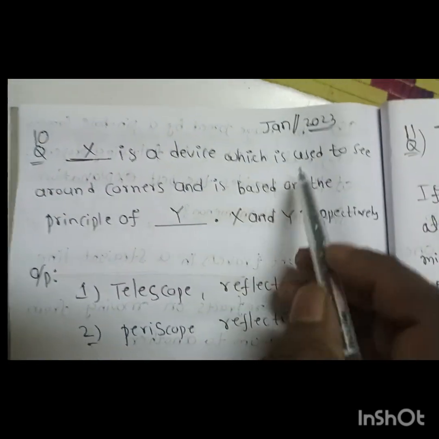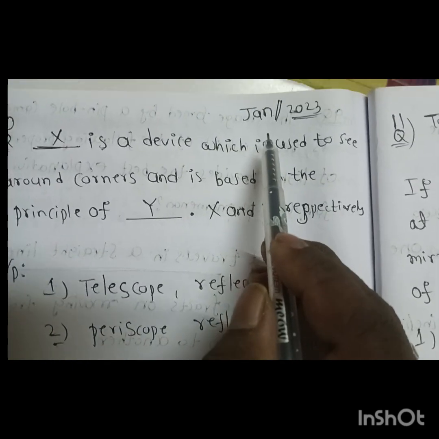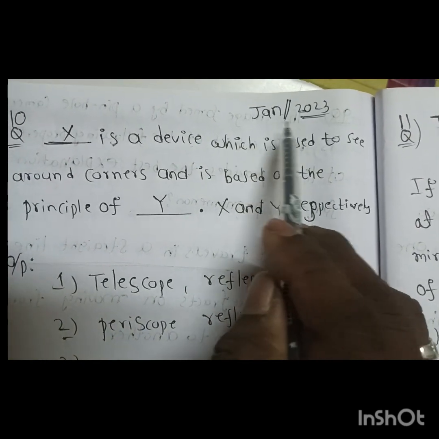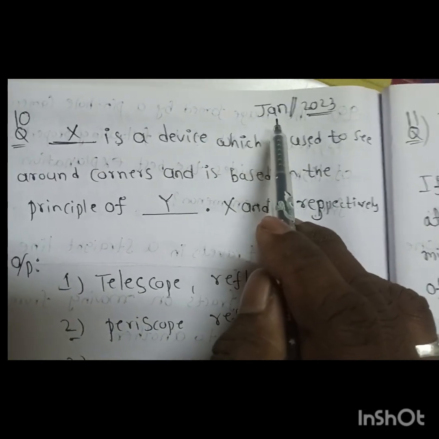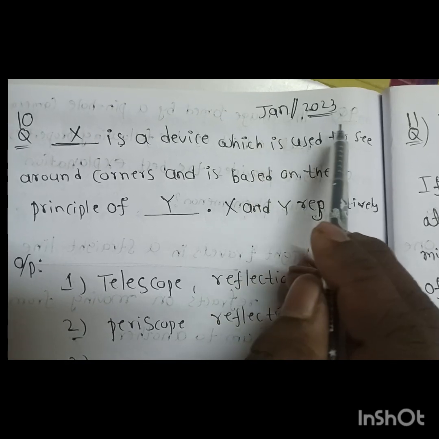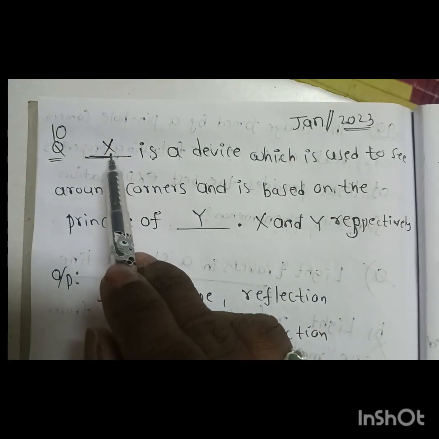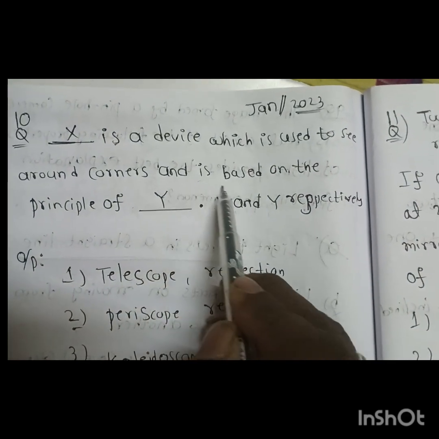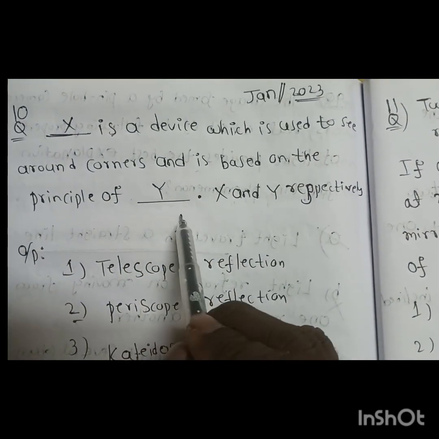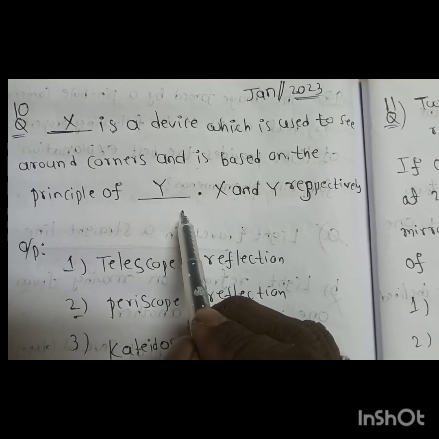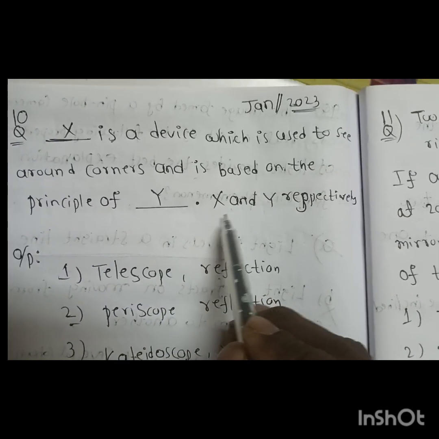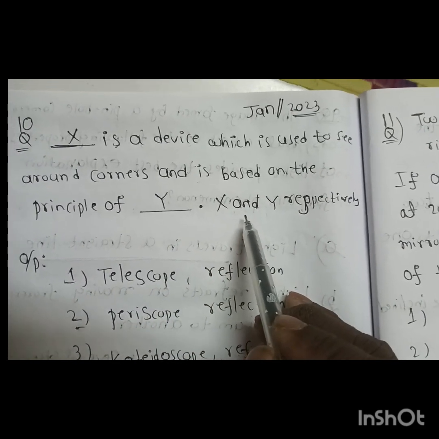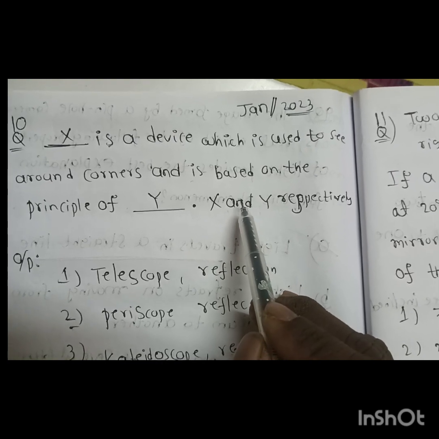Same repeated question in the examination, asked in January 2023. X is a device which is used to see around the corners, and Y is the principle it is based on.